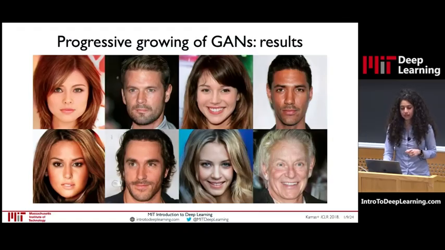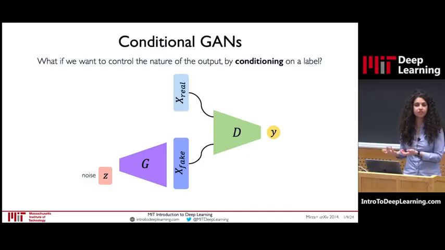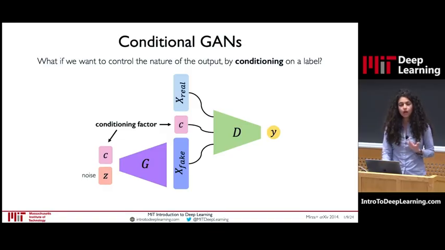One neat thing that has been done that I'll spend a little bit of time on is thinking about how we can better control the generative process of a GAN. Let's say we want to condition on some different types of information and generate samples accordingly. What we can do is not supply only the random noise as the starting point, but also look at other forms of conditioning factors that can then guide the generations from a GAN.